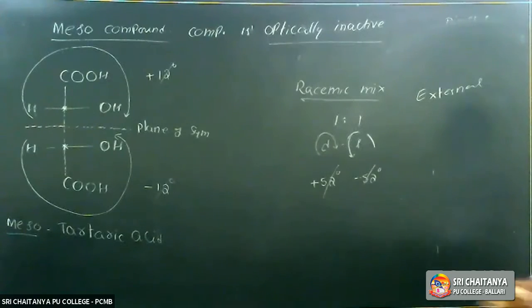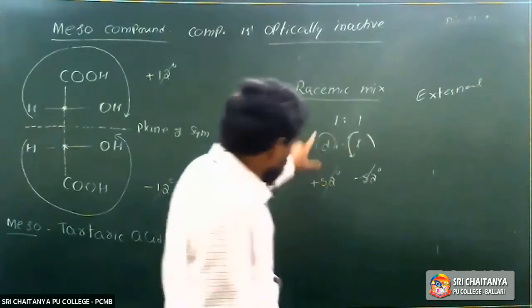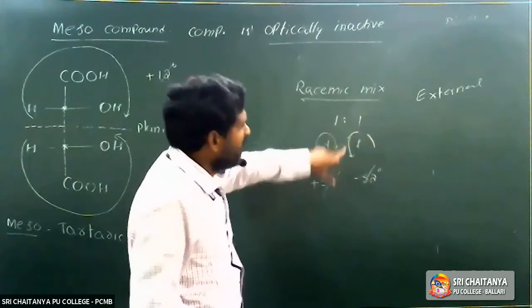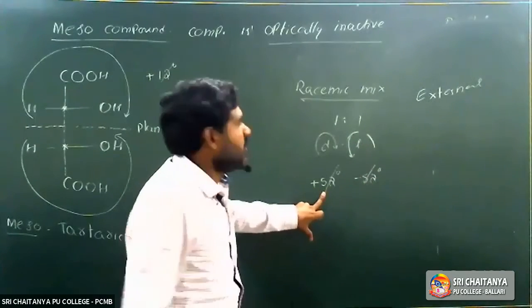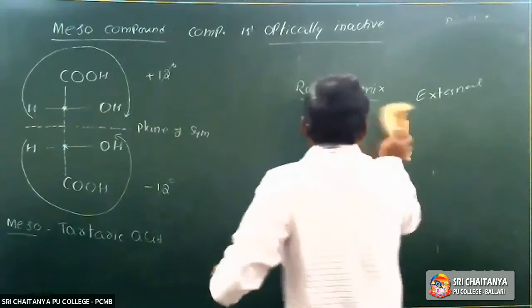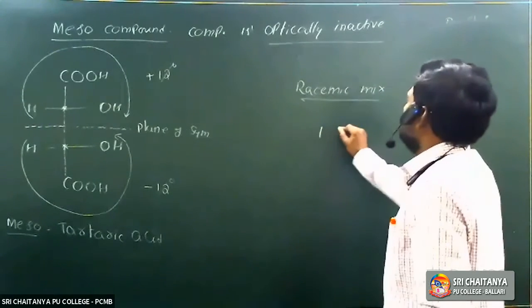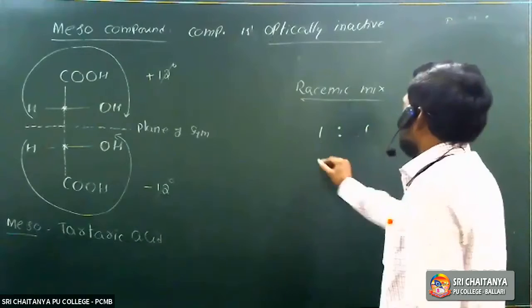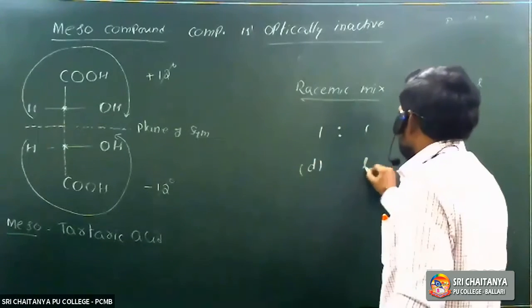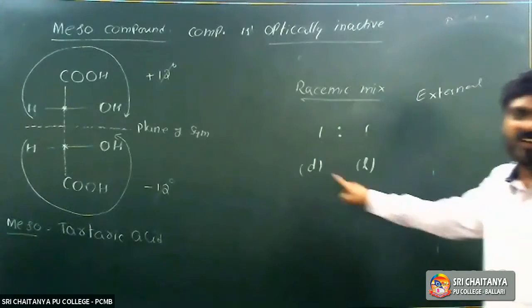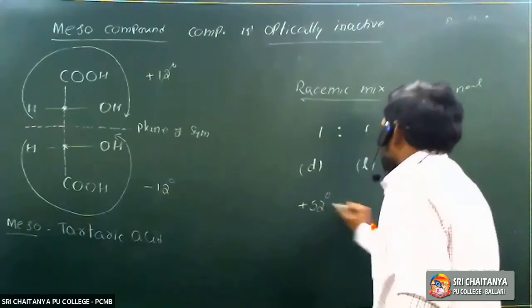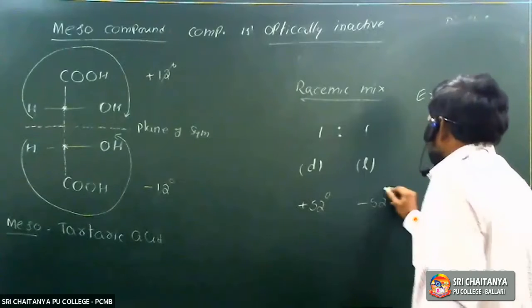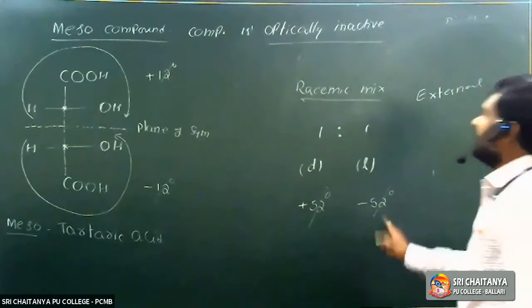So the optical rotation of the dextro compound is reduced, nullified or cancelled by the levorotatory compound, because these two are in a 1:1 ratio. If one rotates plane polarized light clockwise, the other rotates it anti-clockwise, and the resultant is 0.